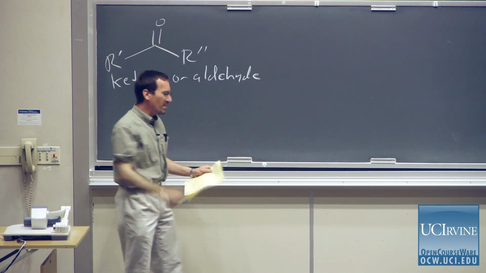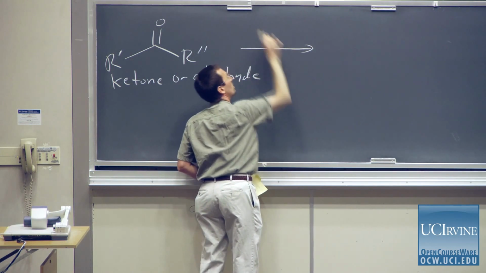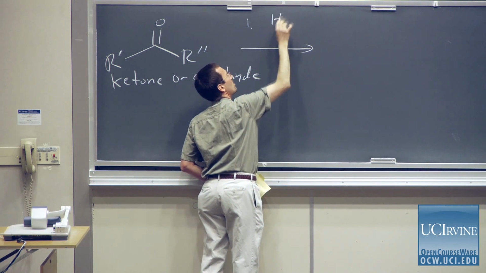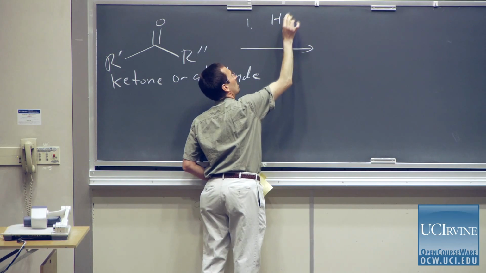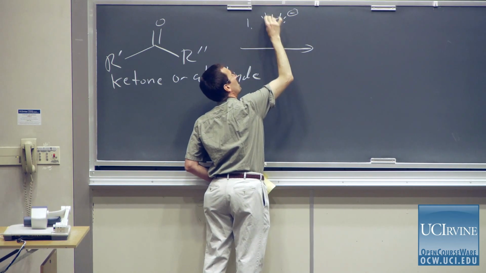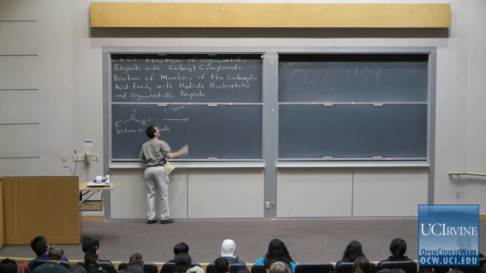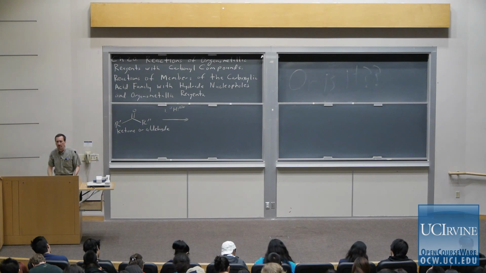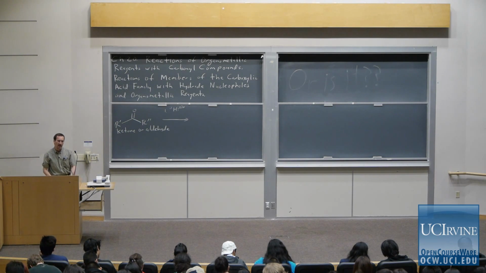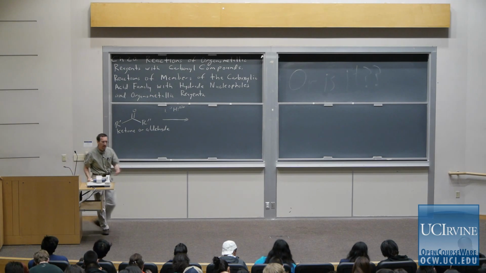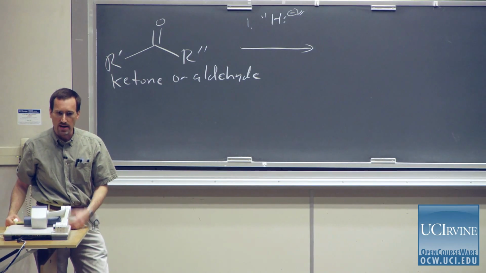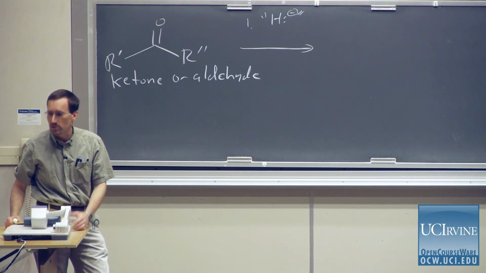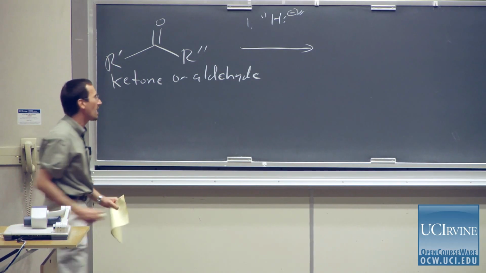And we envision its reaction with some hydride nucleophile. Now remember, when I'm writing something like this, H minus in quotes, of course, there's no reagent that is itself a hydride nucleophile, but these are things like lithium aluminum hydride and sodium borohydride that serve as sources of hydride.